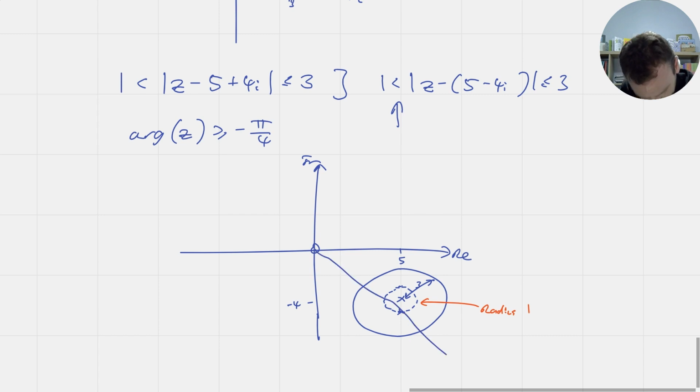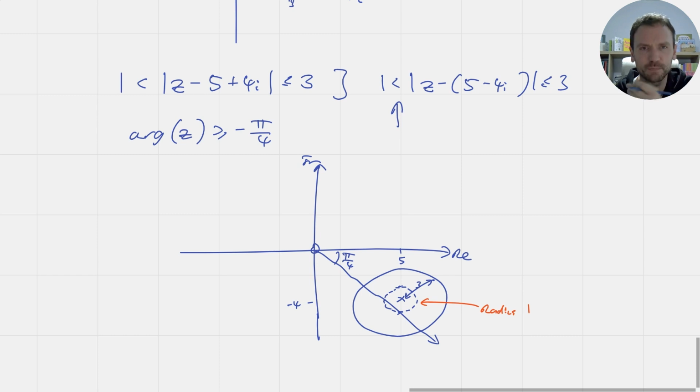I've not done it very well there. In fact, I'm going to try doing that again. In an ideal world, you'll be doing this with a ruler. I'm doing the best I can here on my iPad. So we've got this. I'm going to do an arrow showing my line continuing, and I'm also going to label this angle as pi over 4, so it's obvious what I'm attempting to do there.